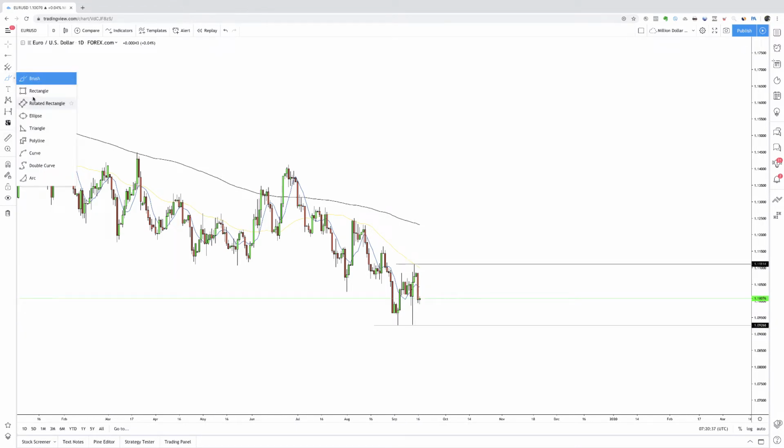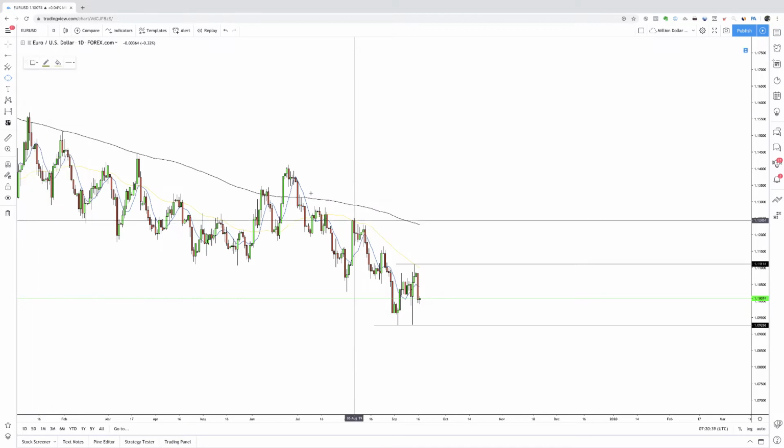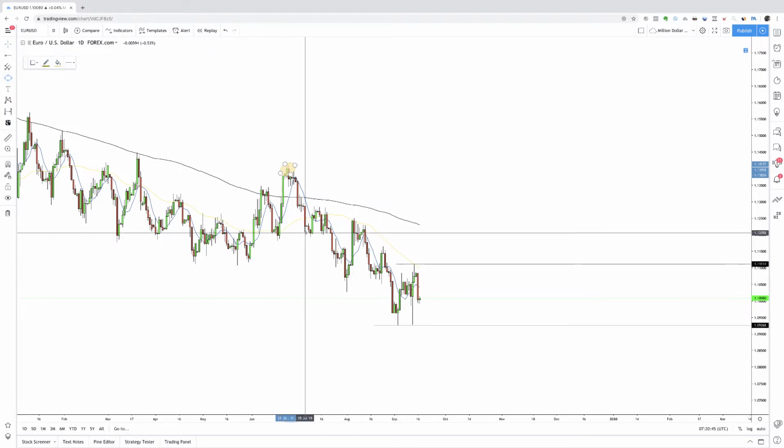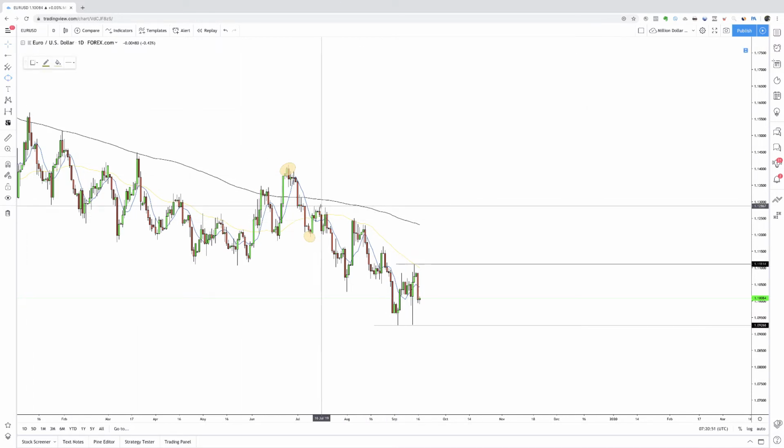I can draw it out for you all. Let's just start looking from the top. Classic bearish trend.